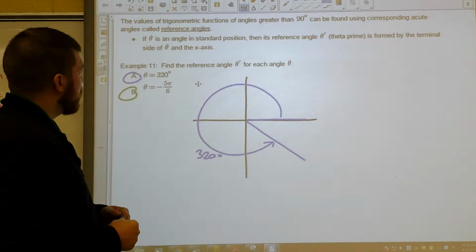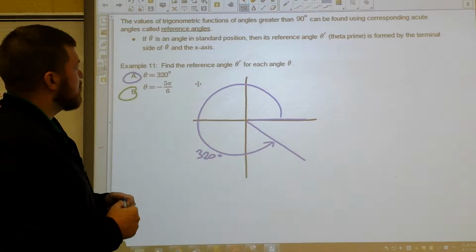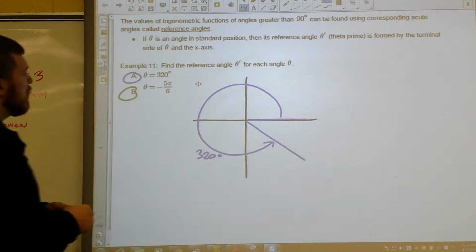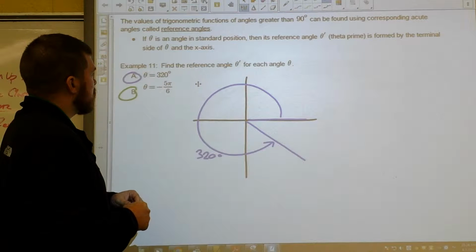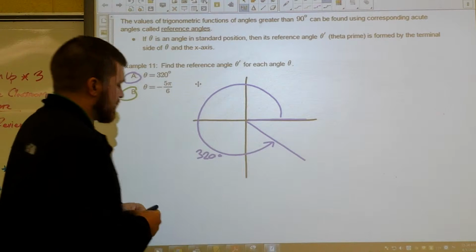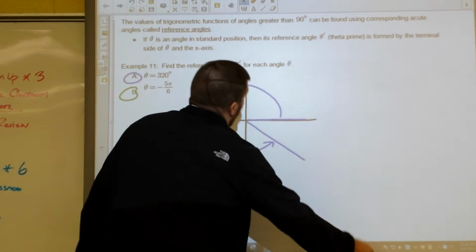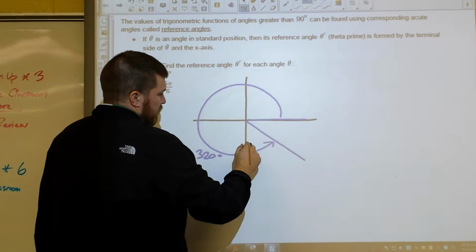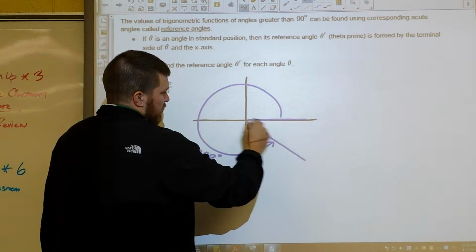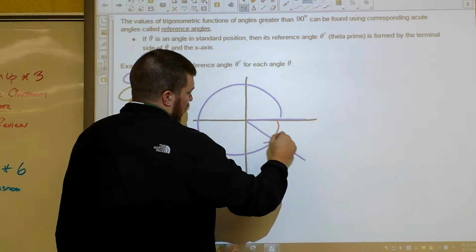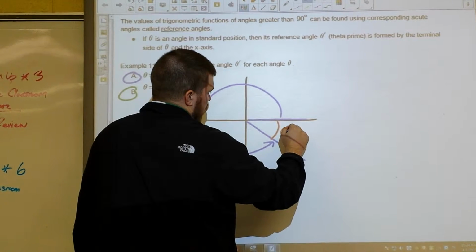What's its reference angle? Again, we're going to use the corresponding acute angle formed by the terminal side of theta and the x-axis. The terminal side of theta for this problem is right here, and here's the x-axis.